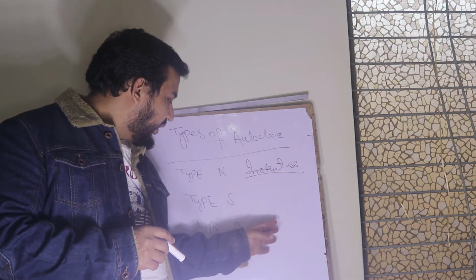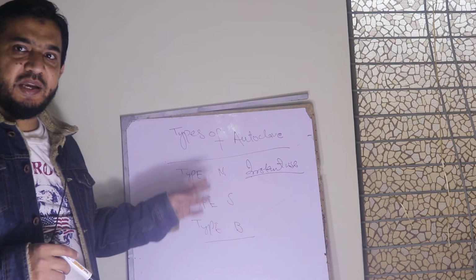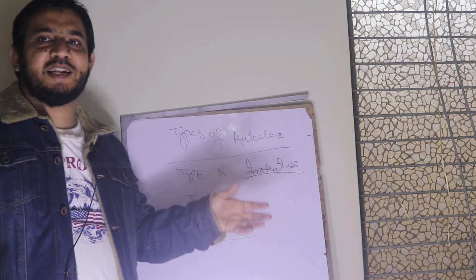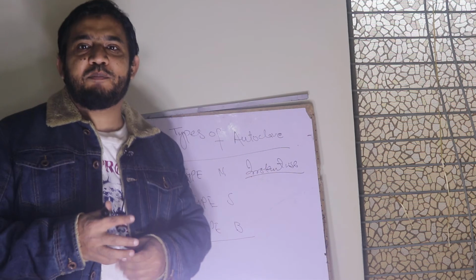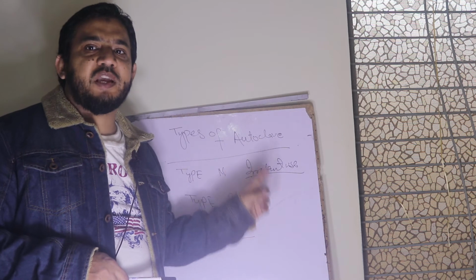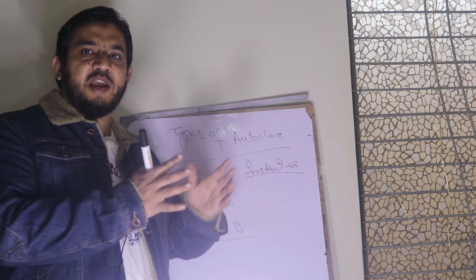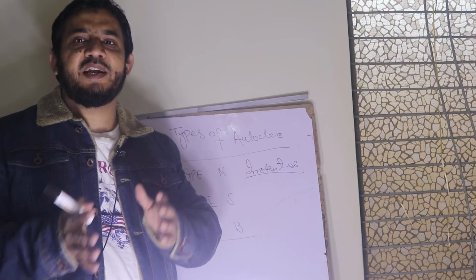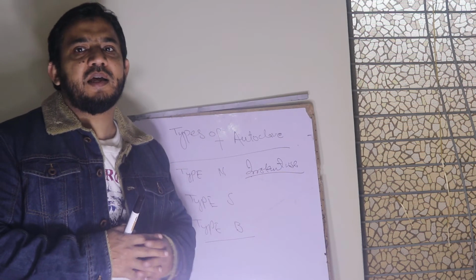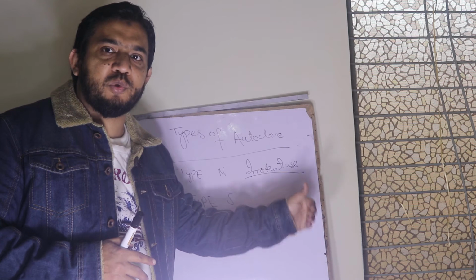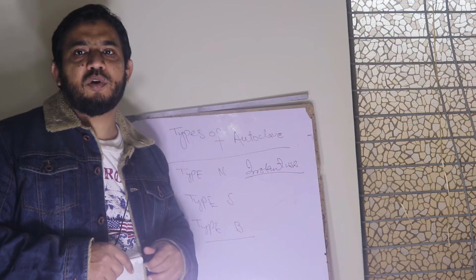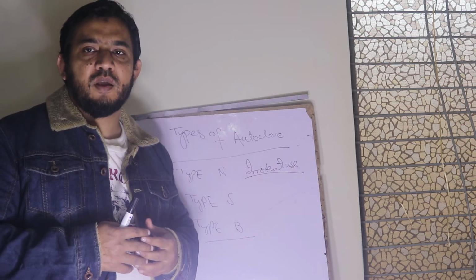But the B class, I would say, is the best class. In B class, we create three cycles of vacuum and then three times we insert the steam into the sterilization chamber.